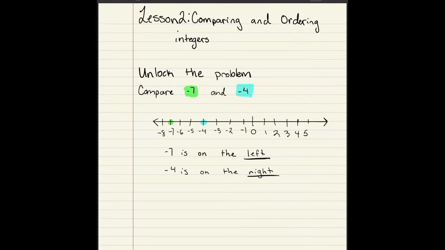But with negative numbers, it's the opposite, because if I owe you $7, I owe you more than if I owed you $4. So, therefore, -7 is less than -4.